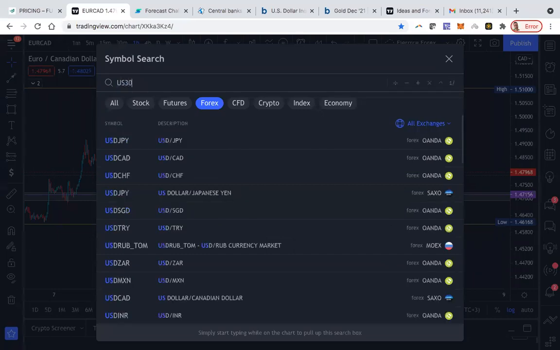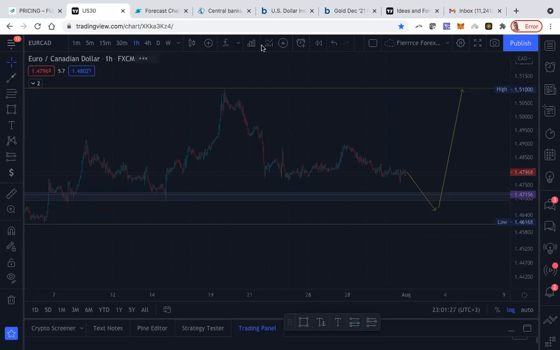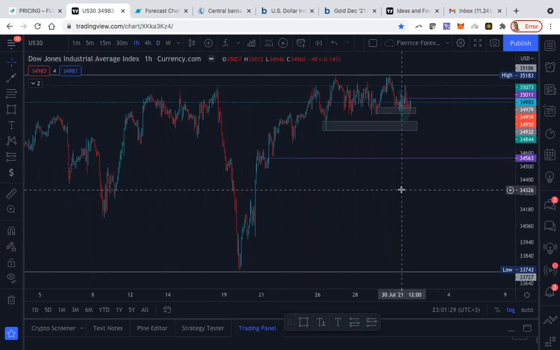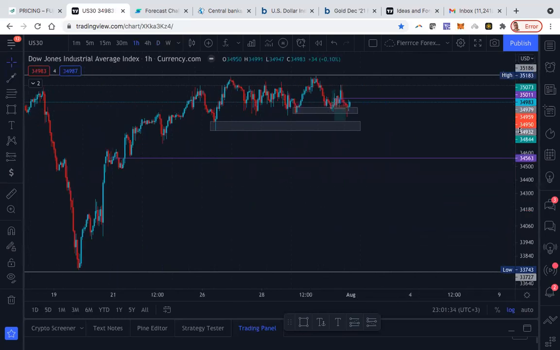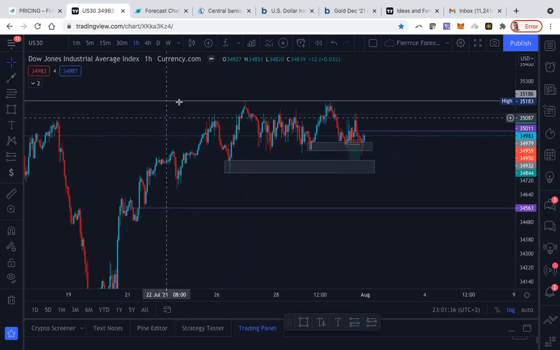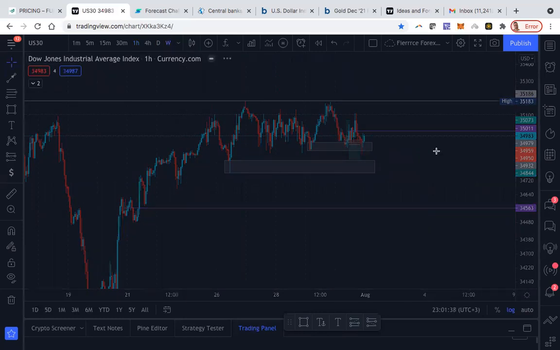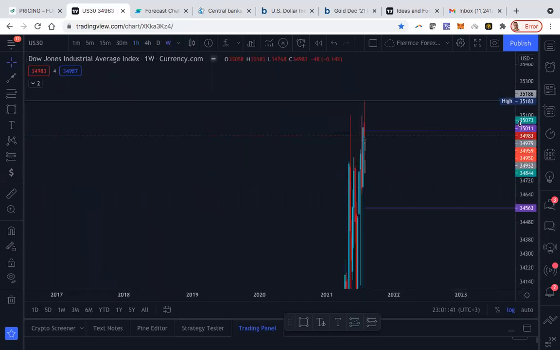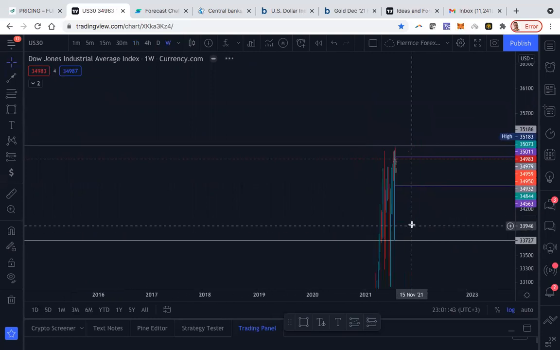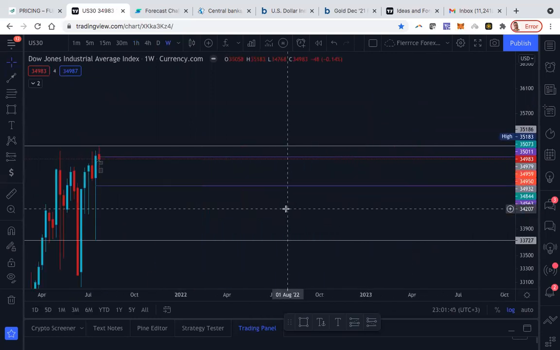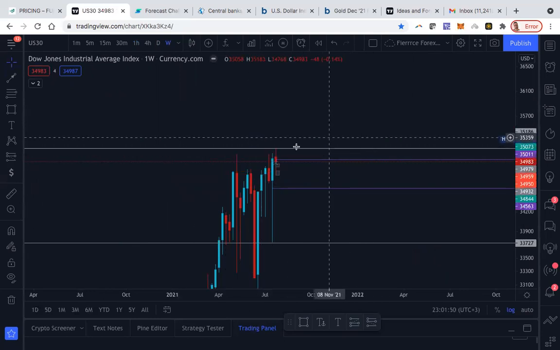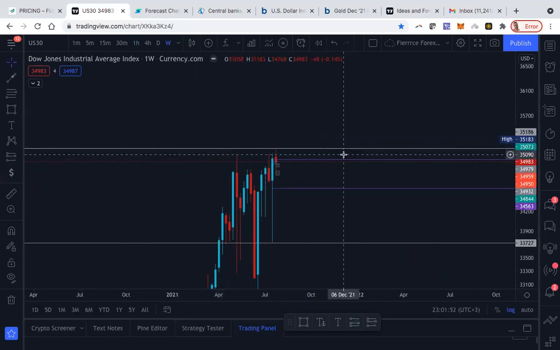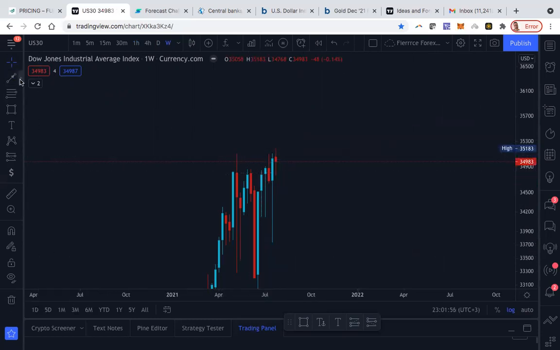Let me look at US 30. So US 30 kind of freaked us out last week, made us think it was going to break this previous high, dallied above it, and then just dropped again.